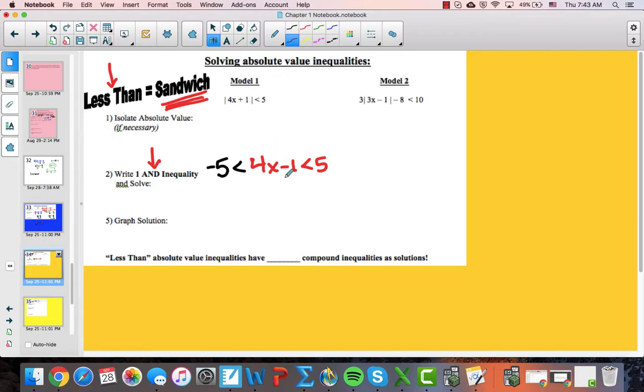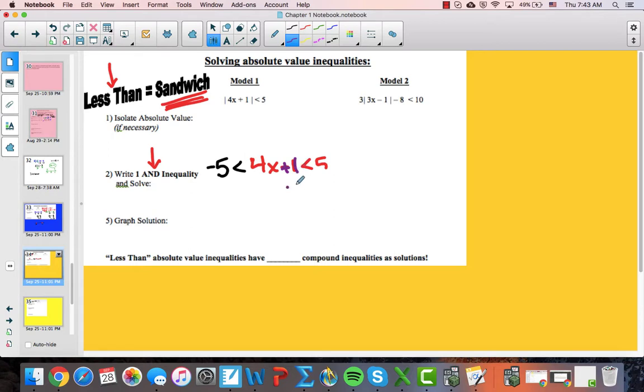All right, now when we solve this, we have to solve it simultaneously like we did compound inequalities. So we add 1, we add 1, we add 1. And we get negative 4. We subtract 1. I wrote it wrong right here. Let me erase. I made a mistake. So it should be 1 plus 1.